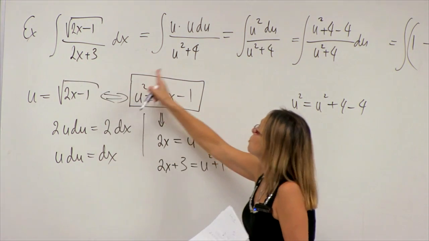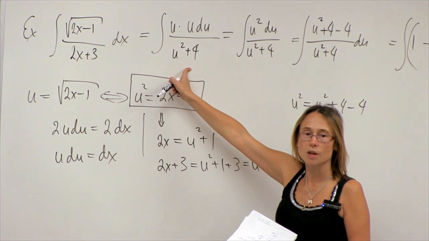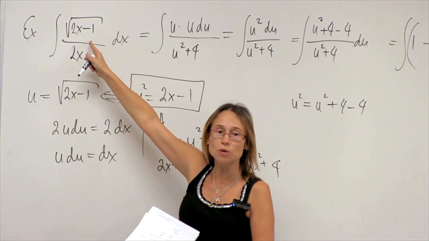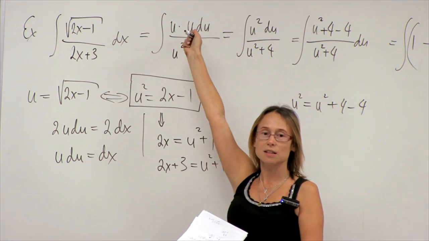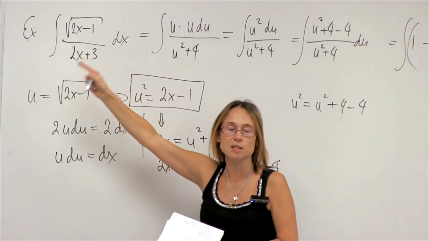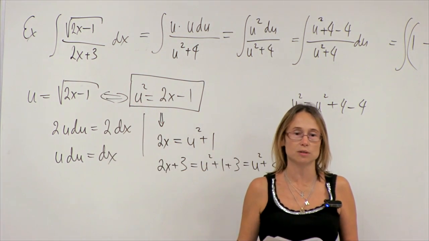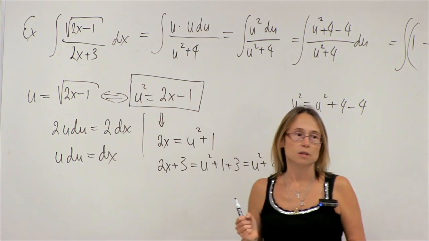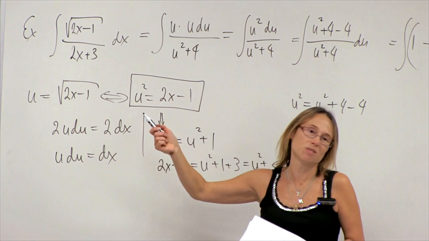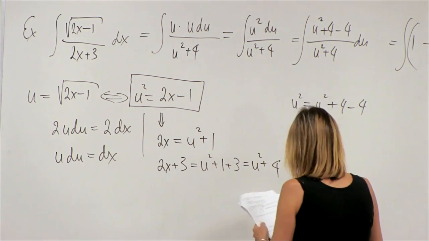And after this substitution, you get rid of the square root. And this is the reason. So if I simply took 2x minus 1 to be u, then as the next step, I would have the square root of u. And I don't want it. So in this case, it's possible to get rid of the square root completely and make it into a rational function. You could always try different things. And this is one of those integrals where you sometimes have to try different things. But this is the easiest way.